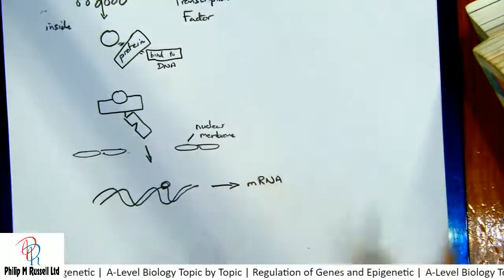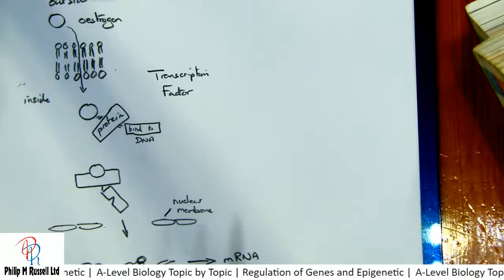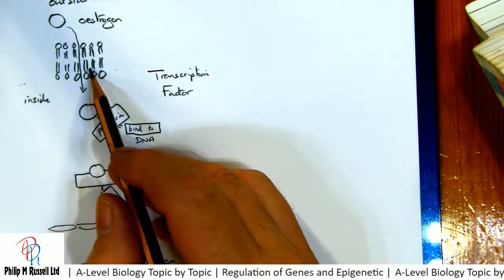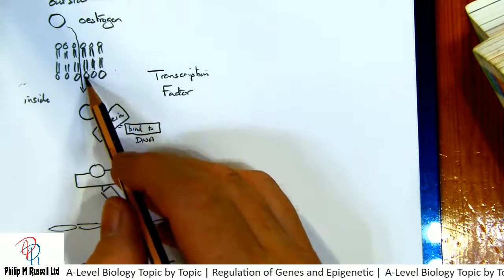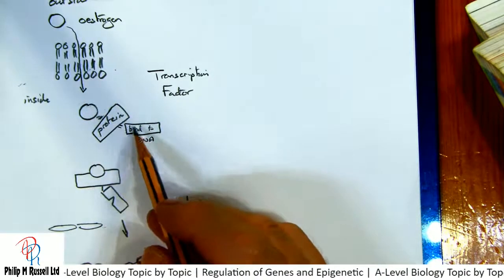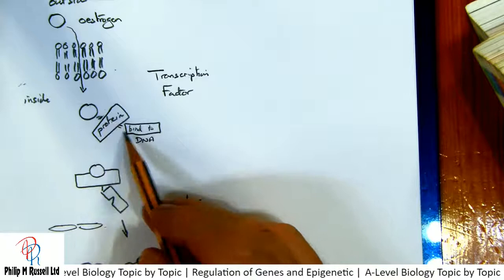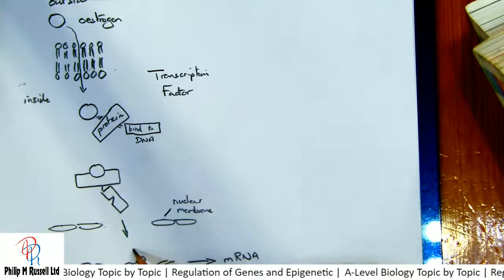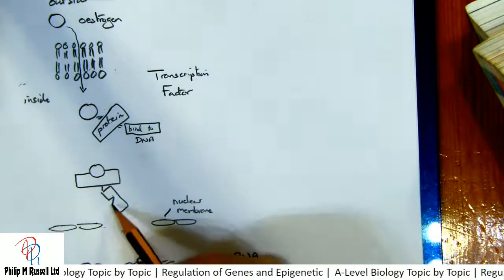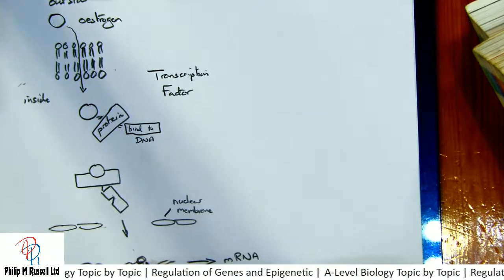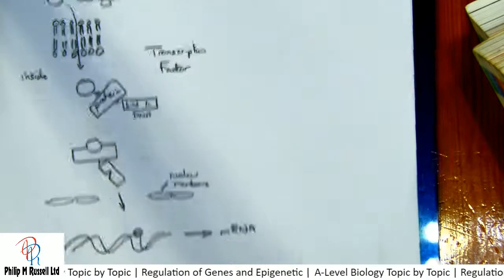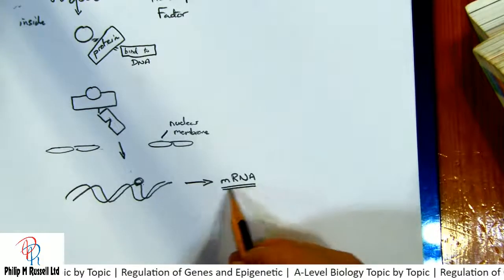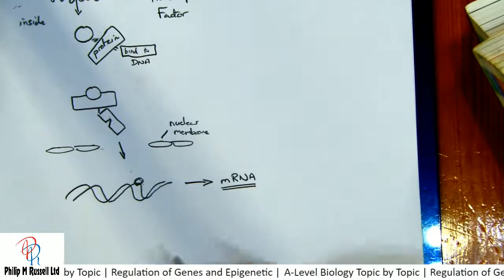The alternative of this system is, of course, that estrogen does not go through this membrane. If it doesn't go through the membrane, then this protein won't be changed, and so therefore this, although it may go through the nuclear membrane, won't bind to the DNA, so therefore a gene won't be copied, the mRNA won't be made.